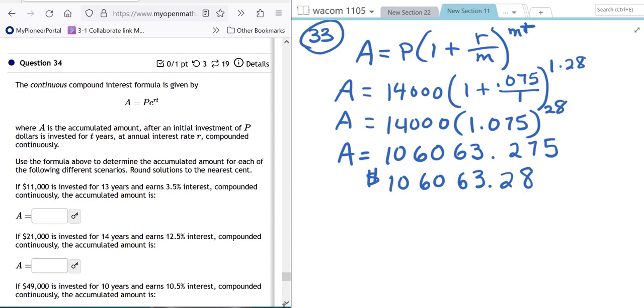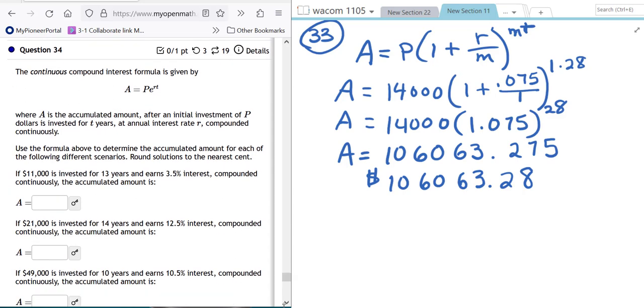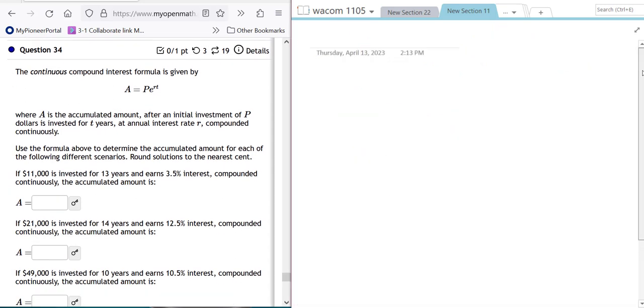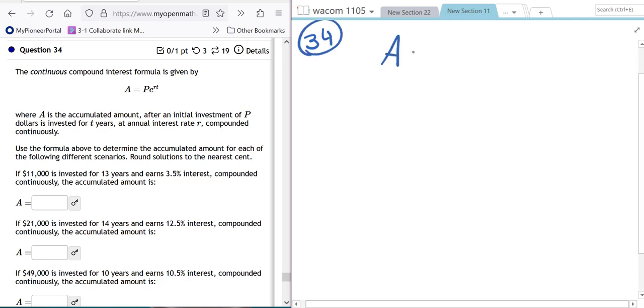34 is also an interest, but it's a different formula. It is continuous compounding. All right, and we'll do just the first one. So we have $11,000 is invested, 13 years, so they're telling us T and they're telling us the rate.